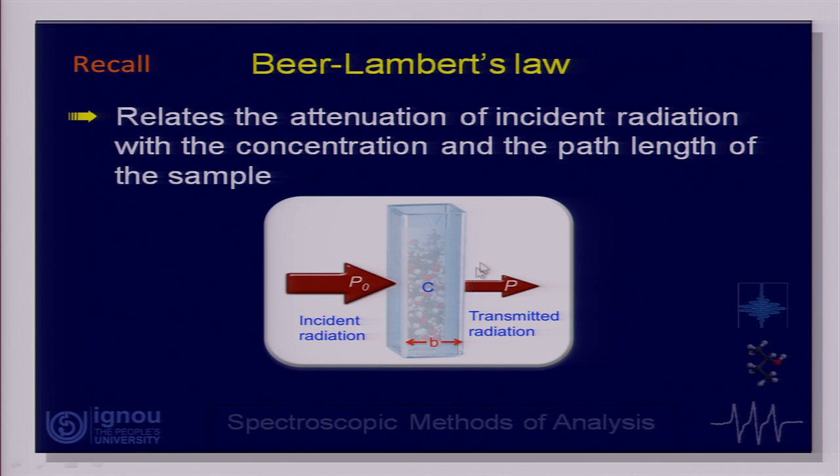Suppose I have a cuvette, a container, which contains the absorbing species at a concentration C, and this container has a thickness of b. Now, if I pass a radiation of intensity P naught through this container, what comes out is P. So how much decrease has happened, and how is that decrease related to the concentration and the thickness of the medium? That is basically the Beer-Lambert law.